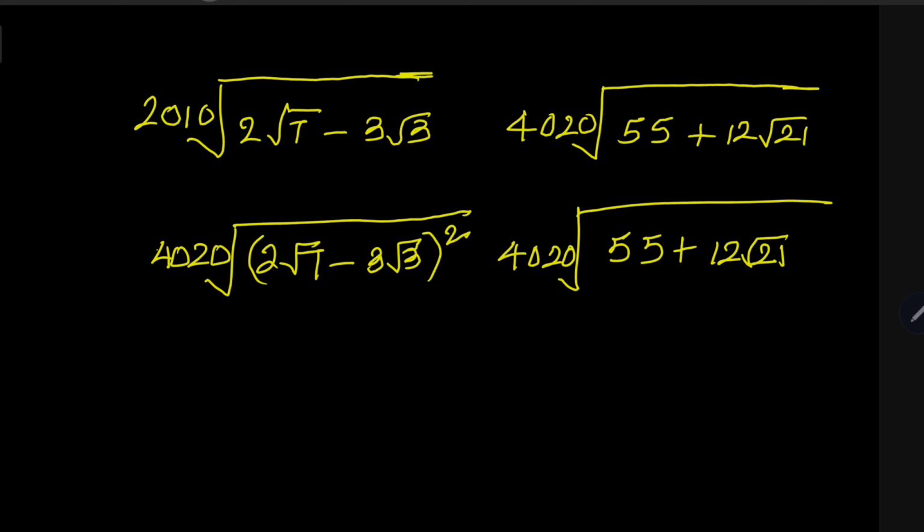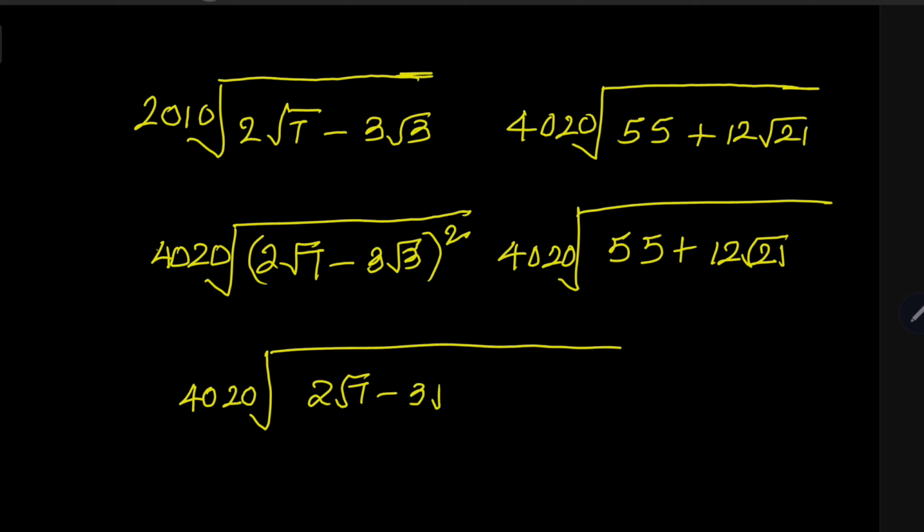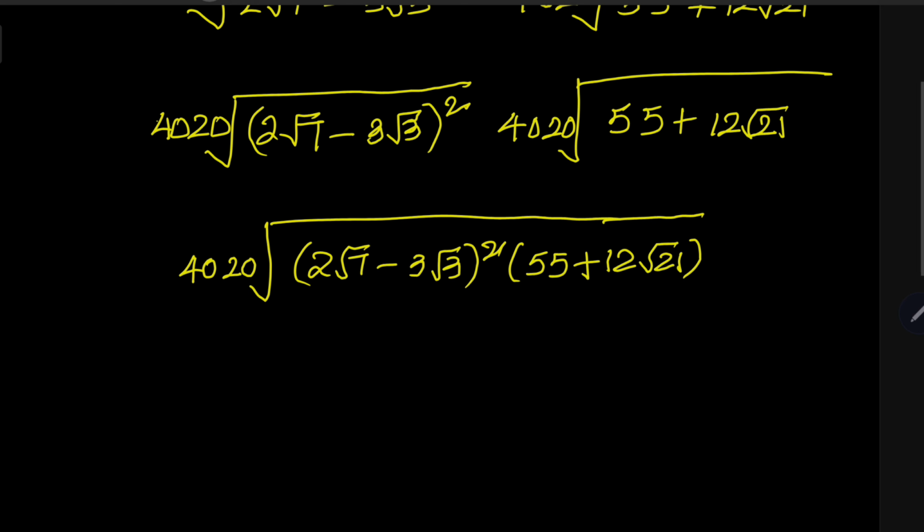If they both have the same root, then we can multiply them because we have a power m into b power m is (ab) whole to the power of m. So this will become (2 root 7 minus 3 root 3) whole square multiplied with (55 plus 12 root 21). Now we need to find out what is (2 root 7 minus 3 root 3) whole square.